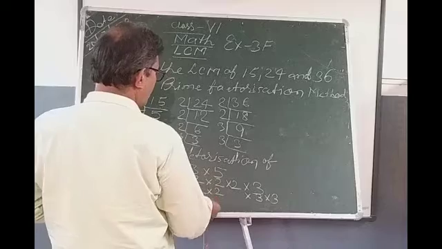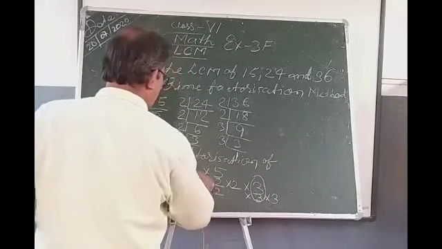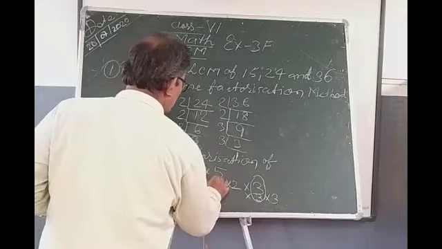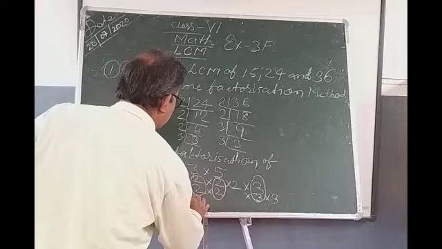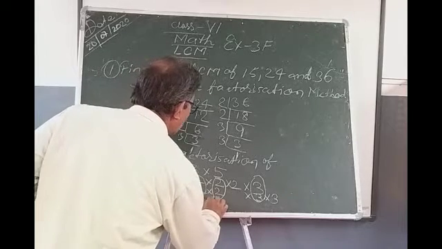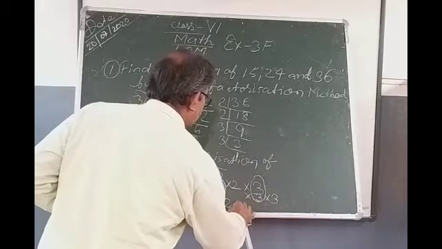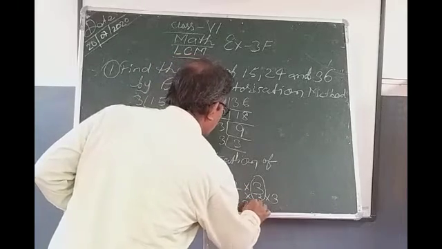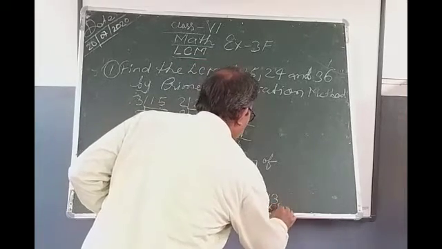Take here common or uncommon. Common factor is 3, common factor is 2. So, of the common prime numbers, 2 into 2 and 2 is not common, so you will take 2 into 2 into 2 into 3 into 3 into 5.